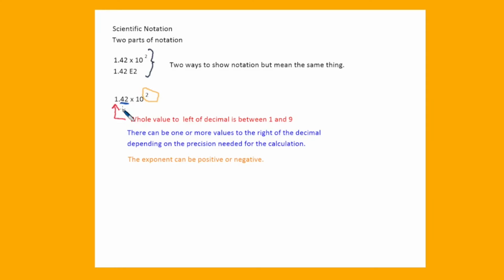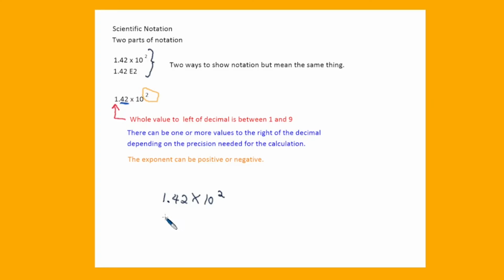Now, keep in mind that when you are working with this, and again, let's go down here, I'm going to say 1.42 times 10 to the 2, that these two work together.